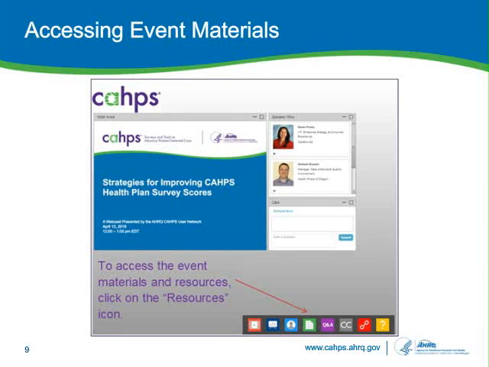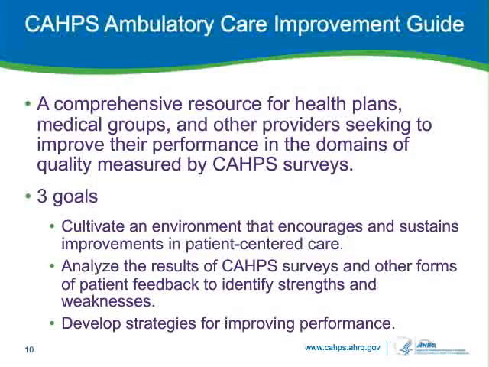So I'd now like to spend a couple of minutes talking about the CAHPS Ambulatory Care Improvement Guide. This is a guide that was first published in 2003. It's actually been one of the most popular products of the CAHPS Consortium, and is available on the CAHPS website, which is part of the AHRQ.gov website.